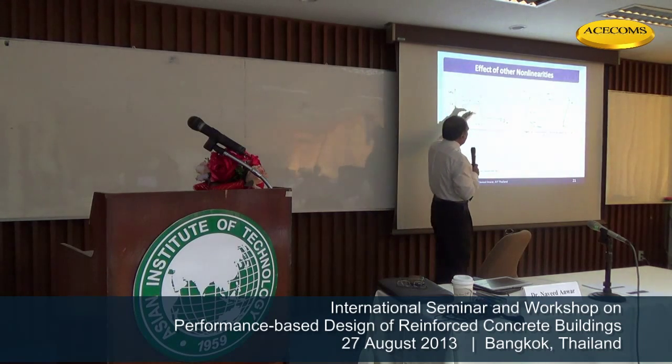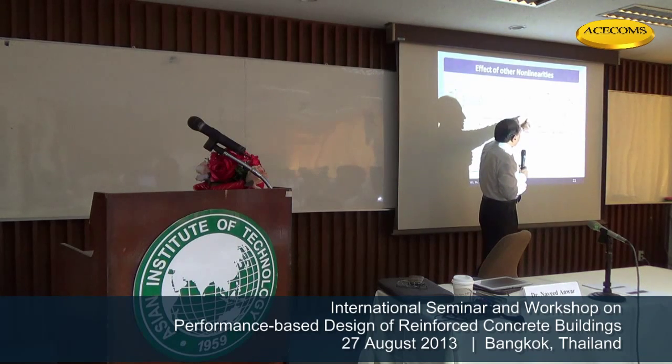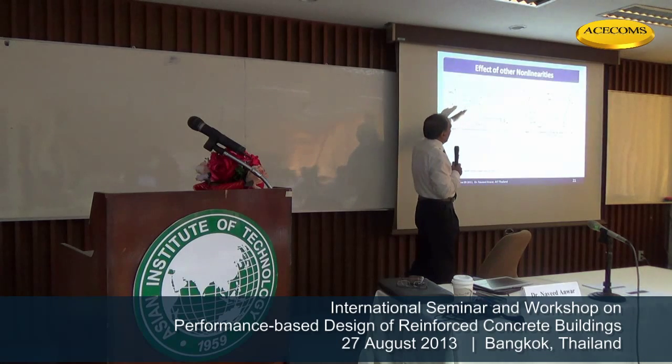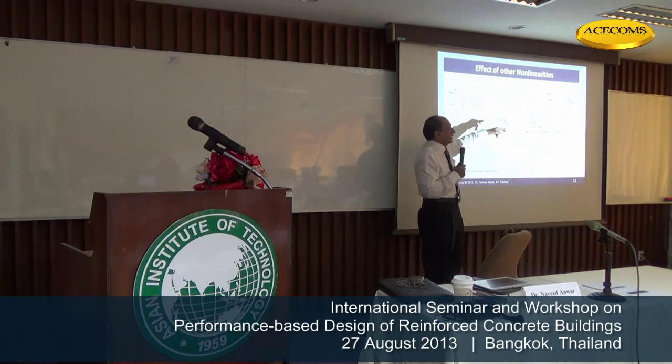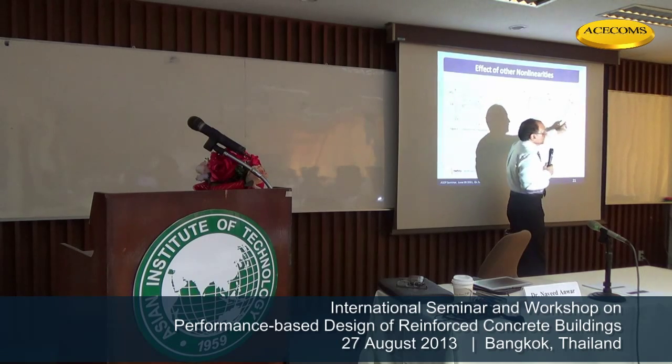So once you put this input into the program, then you can do the analysis. This can be modified by other things, for example, with the P delta effects and so on. So this curve can move down further because of the P delta. You can see from here original, without P delta, and with P delta, this will come down because of that.